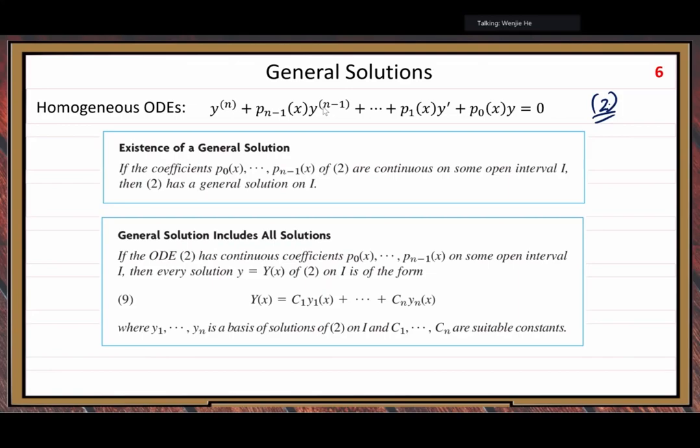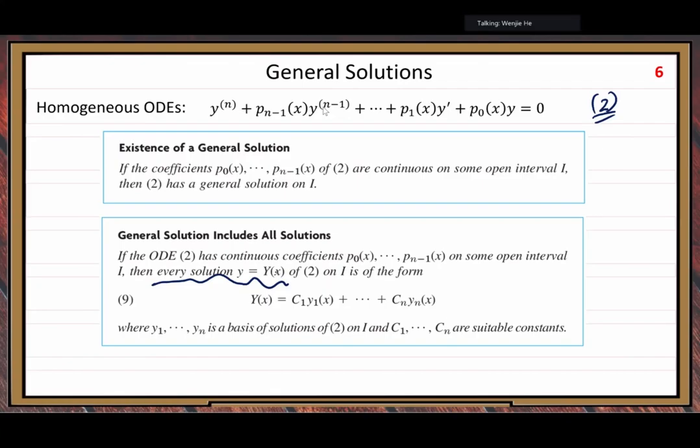Then, with suitable constants, every solution can be represented as a linear combination of the n basis functions.